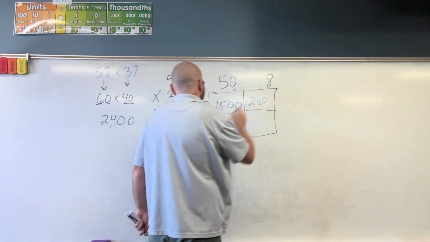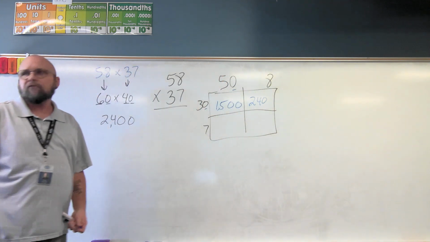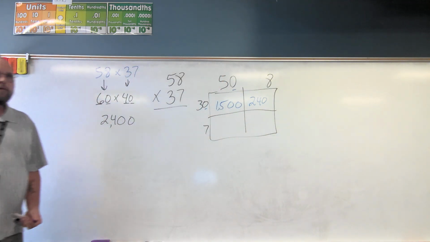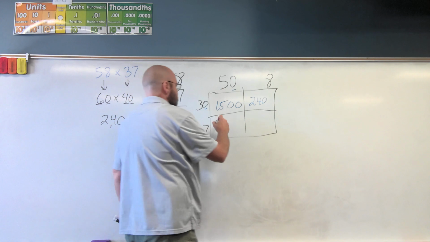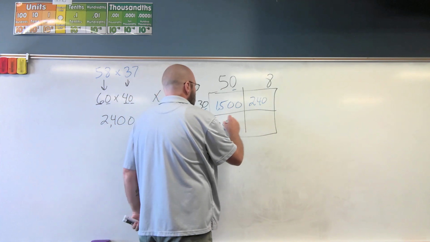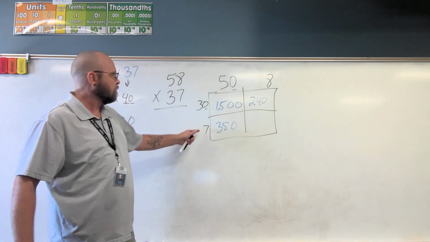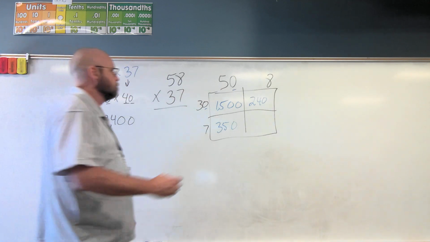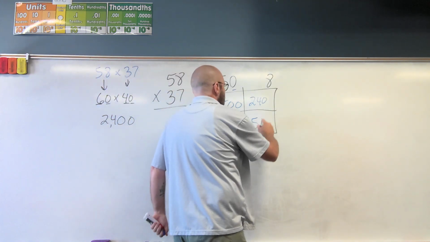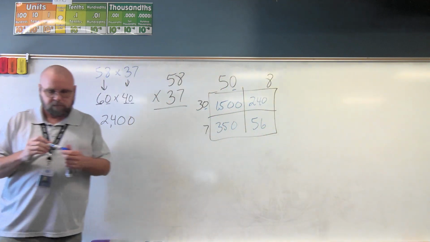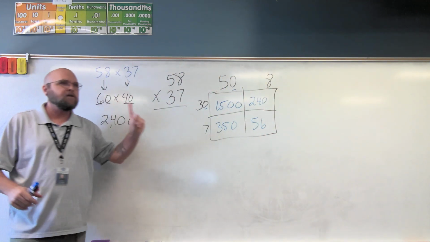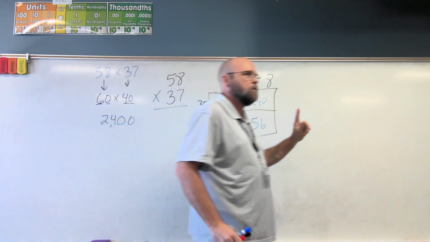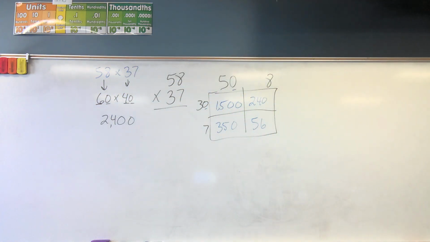So 240. What's 7 times 5? 35, so make that 350. 7 times 8 is what? 56. Nothing that I did was more than a one-digit number times a one-digit number.